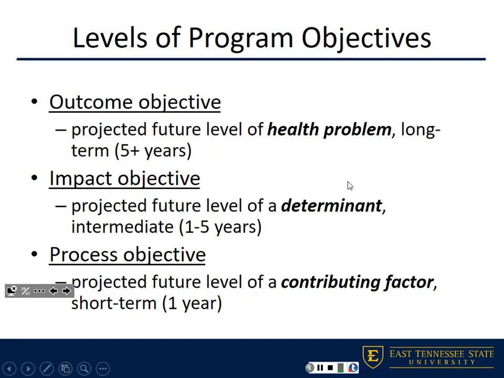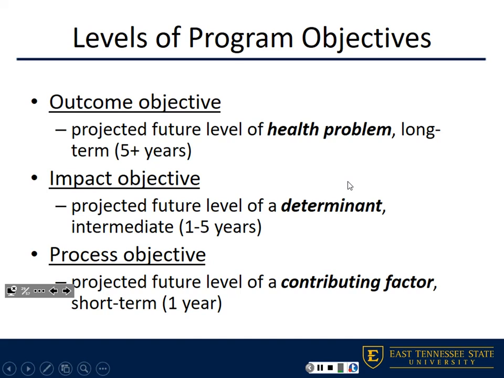We also discussed last week that outcome objectives, those addressing the future level of the health problem, tend to be long-term objectives, whereas impact objectives that define the future level of the determinant tend to be intermediate objectives in terms of duration, whereas process objectives, which define the future level of the contributing factor, tend to be short-term objectives.